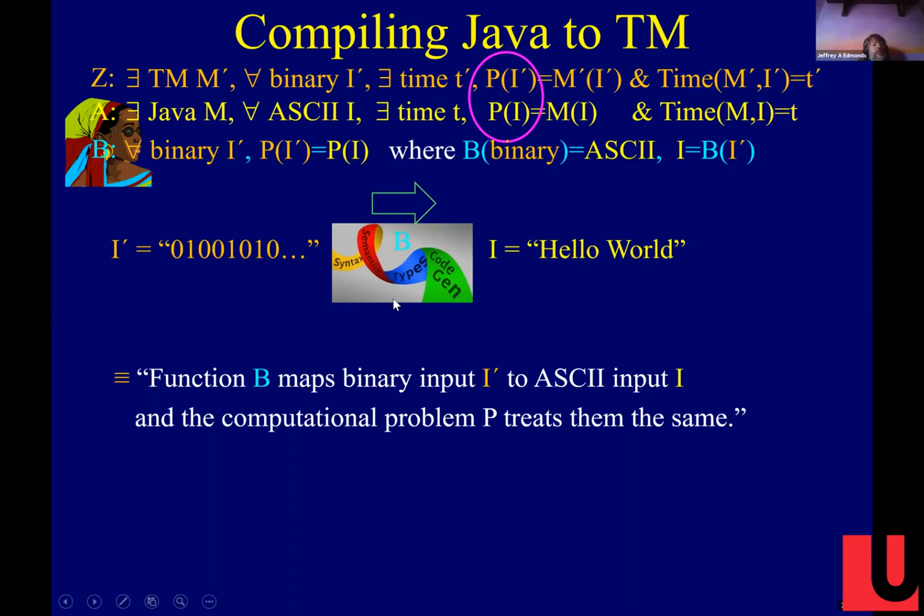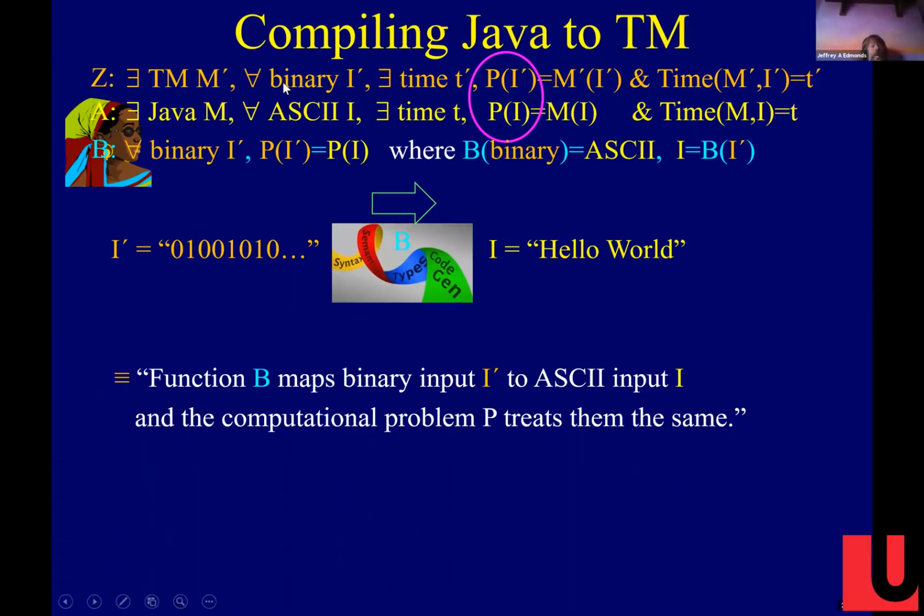But just for now, what we're saying is that computational problem P treats all inputs the same, right? So you give me any binary input and you ask, what answer does P require on input I? Let's say P is sorting. What's the input to sorting? Well, it's a bunch of numbers.